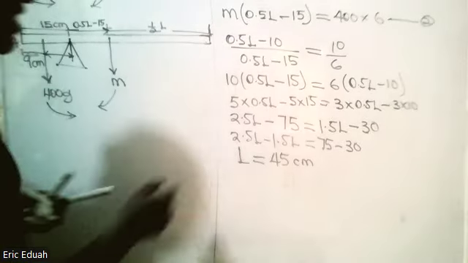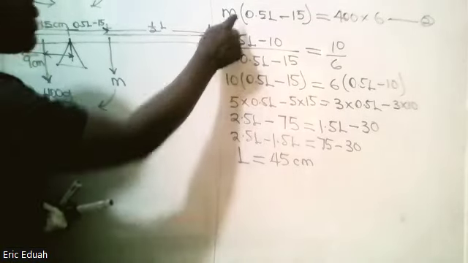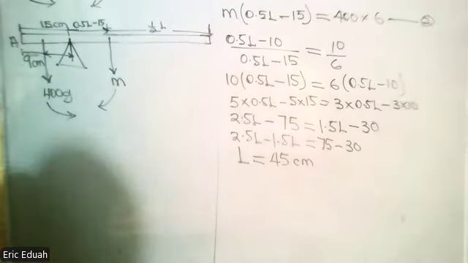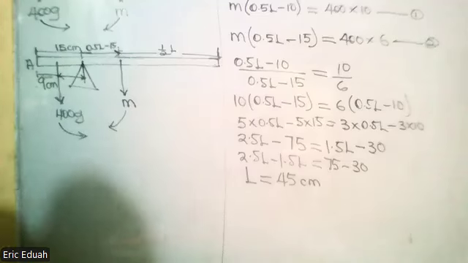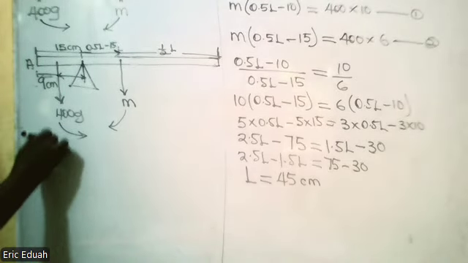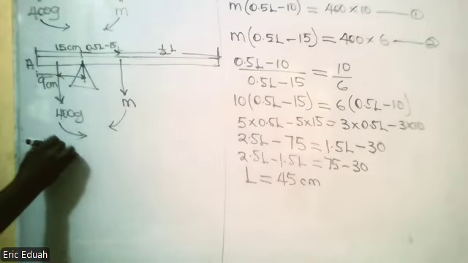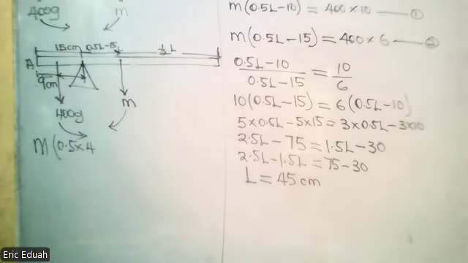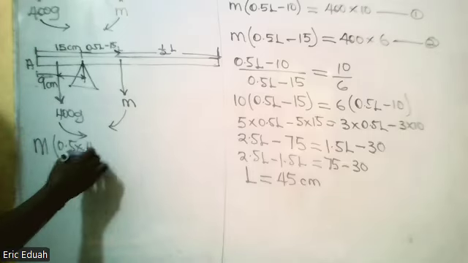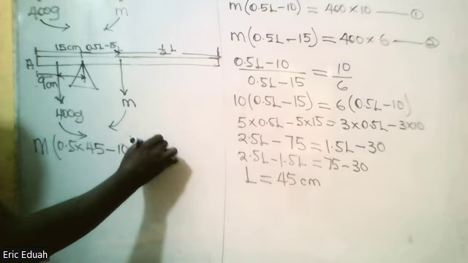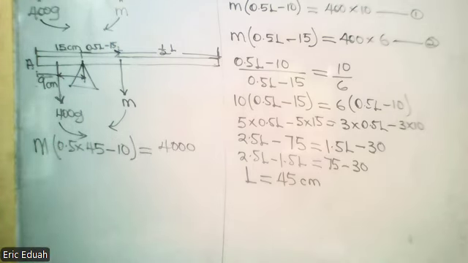Okay, so substitute L into one of the equations. Pick any of these equations and substitute your value of L into it. So M times 0.5 by 45 minus 10 is equal to 4,000.